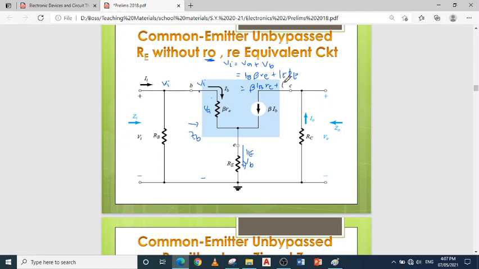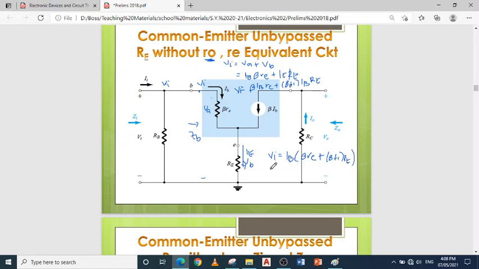So, replacing this in terms of IB, we have beta plus 1 IB times RE. Factoring out IB, VI is IB times beta RE plus beta plus 1 RE.